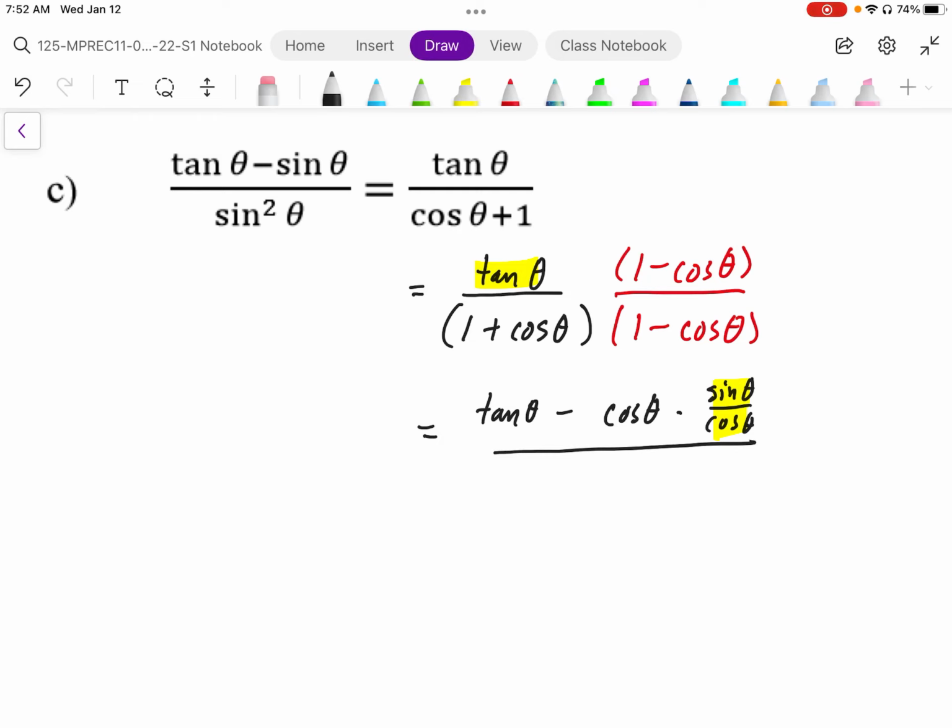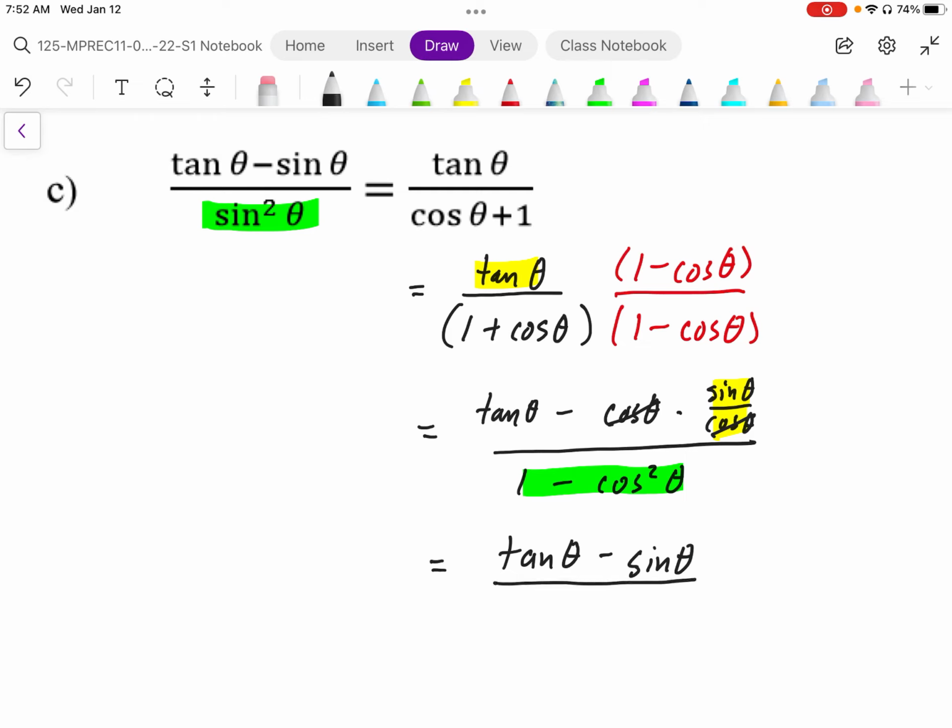In the denominator here, I'm going to end up with 1 minus cos squared theta. And that's what I wanted, because now I've made the denominator here match the denominator here. And if I make the denominator match, usually everything else falls into place. So in the numerator over here, the cosines cancel out. I end up with sine theta.